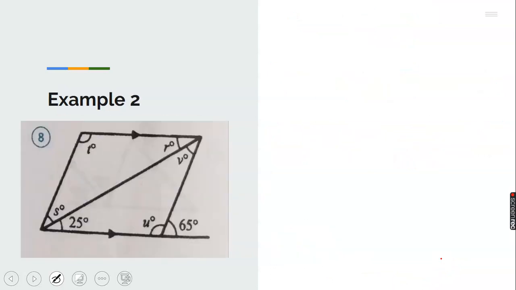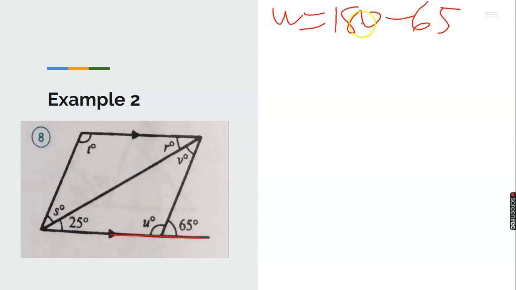Another example is this. This is a straight line, and we know the sum of angles on a straight line is also 180. That means U equals 180 minus 65, that will be 115 degrees.